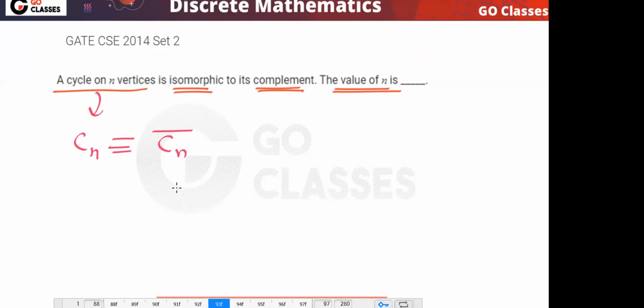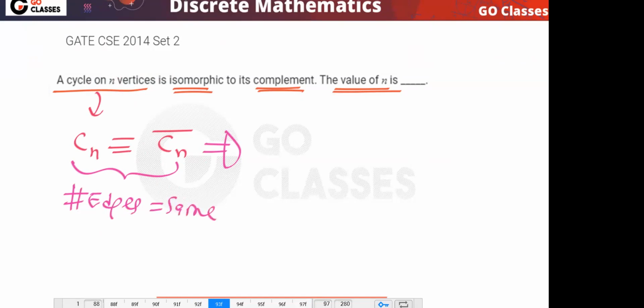What does it mean? If two graphs are isomorphic, then their number of edges will be the same. Yes or no? Definitely their number of edges will be the same.